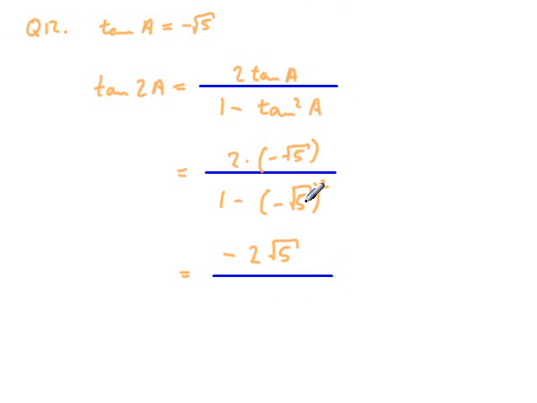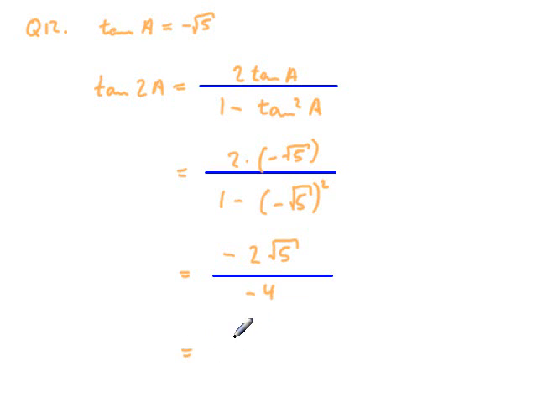It's not 25, it's 5, because the square gets rid of the square root. The negative squared is a positive, so I'm going to have 1 minus positive 5, which is going to be a negative 4.